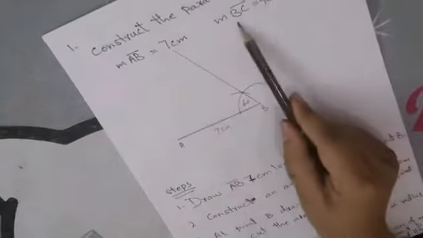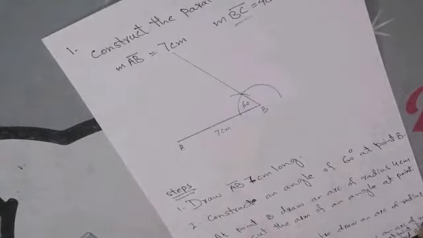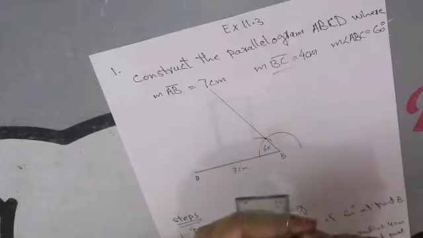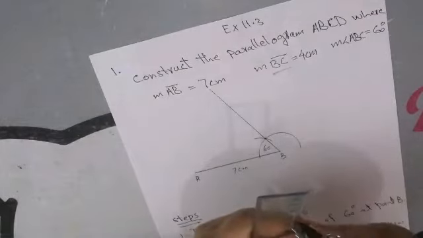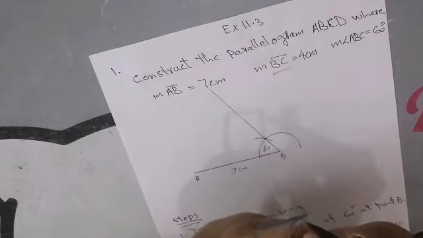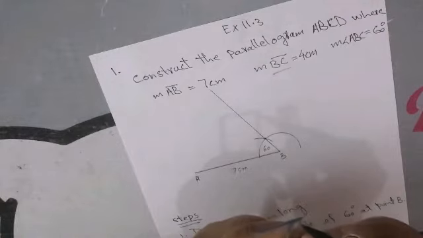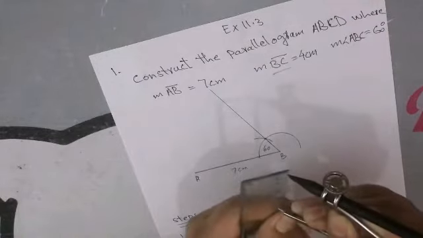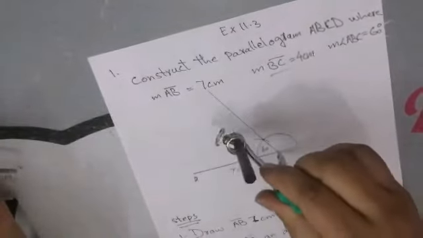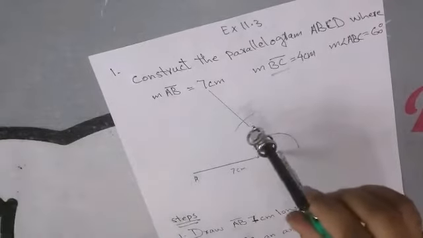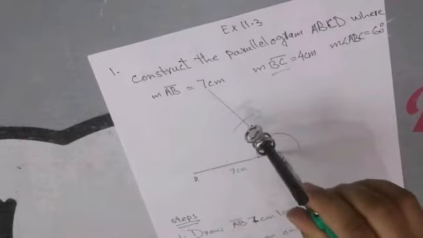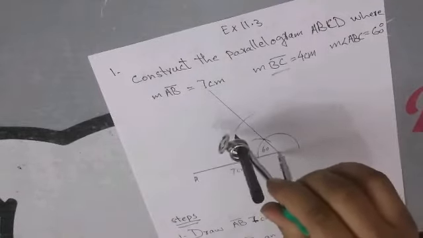After that what are you given? BC 4 centimeter. So you open your compass 4 centimeter. You open your compass from 0 to 4 centimeter, like this. Then put it at point B and draw an arc. You know that in a parallelogram opposite sides are equal in length.